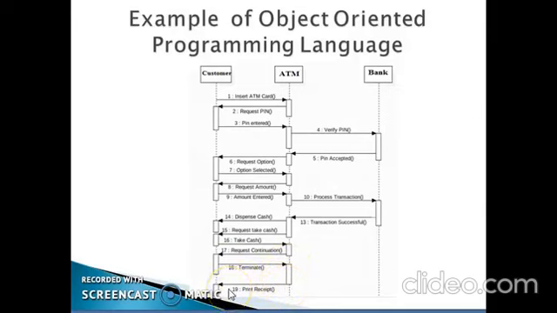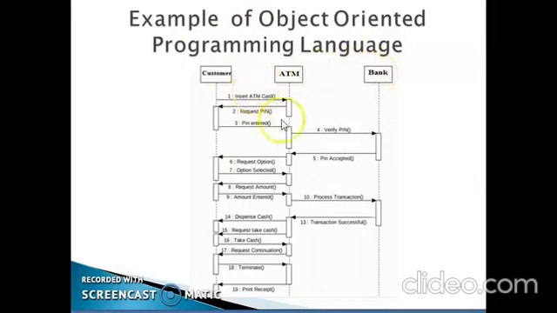for the transaction. If you see this example, the problem here was divided into objects. The first thing we did to solve the problem was identify the objects. The objects in this particular problem were customer, ATM machine and bank.